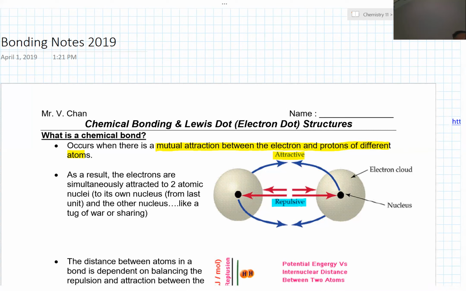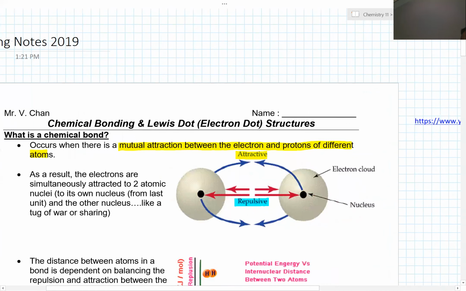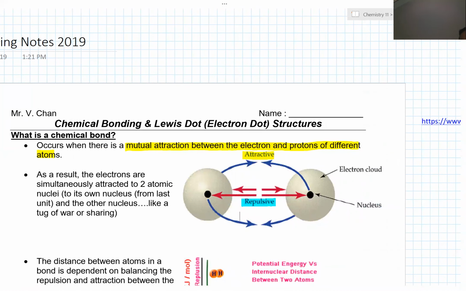So there's a mutual attraction and repulsion going on, and there needs to be a balance between them between two different atoms.